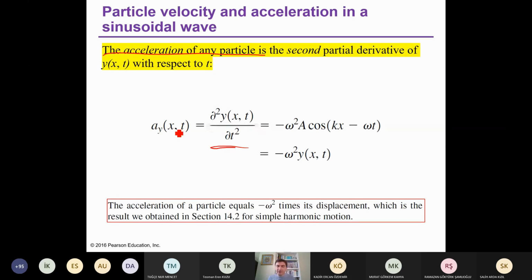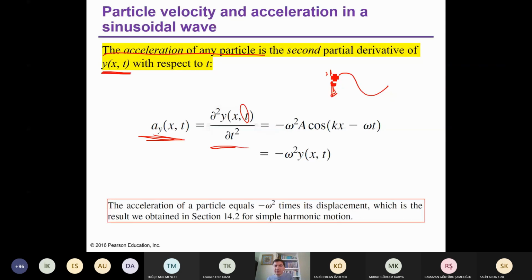We only differentiate this as a function of time, and this is the second partial derivative of the y equation. Then you can calculate the acceleration of the particle here. This particle moves up and down.